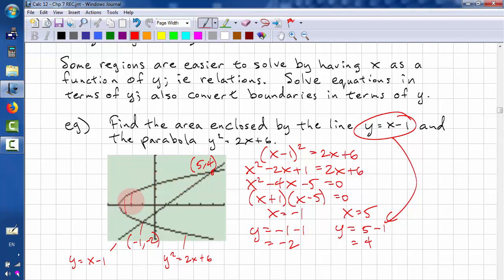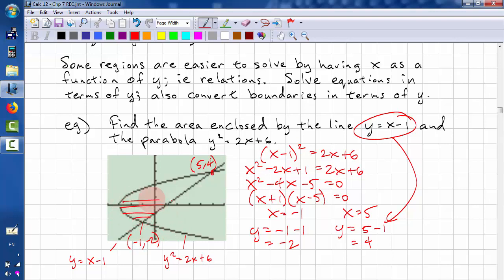If we were to integrate this direction, this is problematic because we have this function subtracting itself. And then we'd have to partition it and have this function subtract the line. So we don't want to set up two integrals unnecessarily.